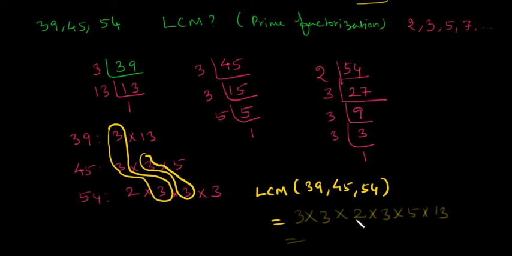I'm using my mobile to calculate 18 into 3. 54. 54 into 5 is 270. 270 into 13 will give you 3510. That is the answer. In this way we can find the LCM of 3 numbers. So this is the procedure. Thank you.